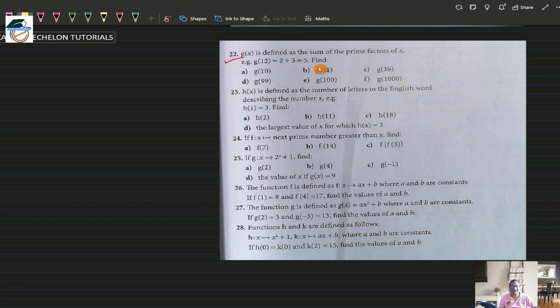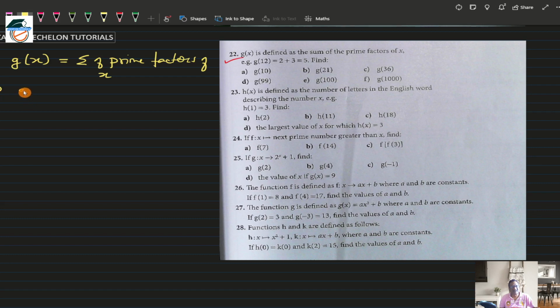So this question says that if a function is given, say g of x, then this g of x is nothing but the summation of the prime factors of this x. The example is given here.